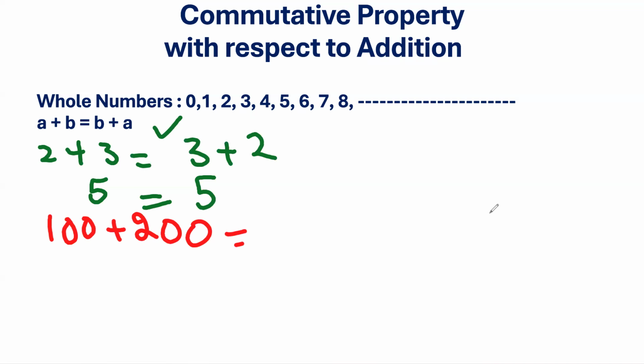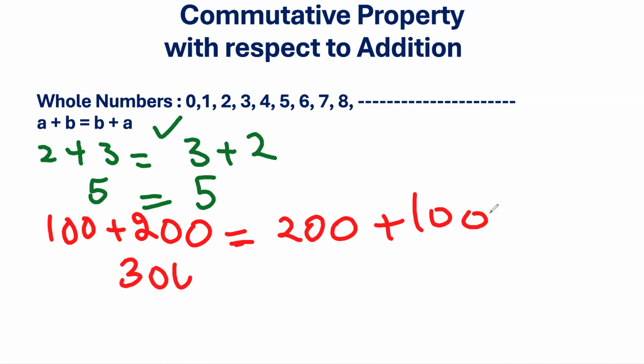A plus B is equal to B plus A, which is 200 plus 100. Again, both the sides are equal. 300 and 300. So this property is satisfied by checking these two examples.